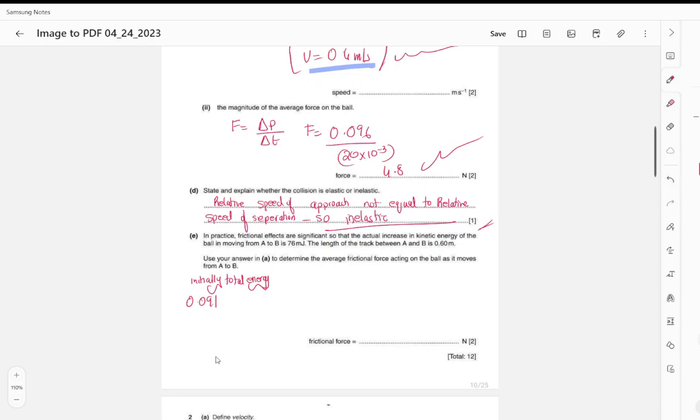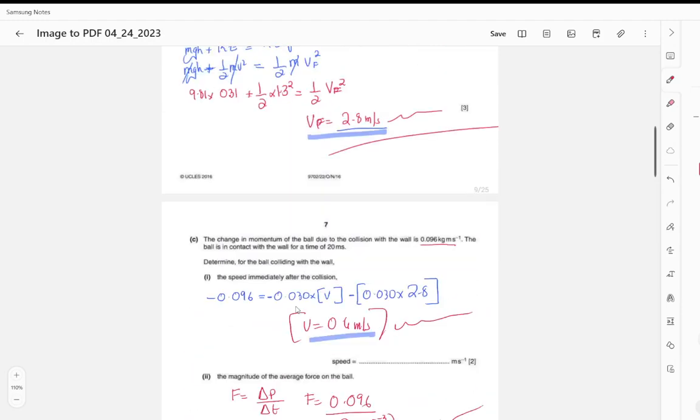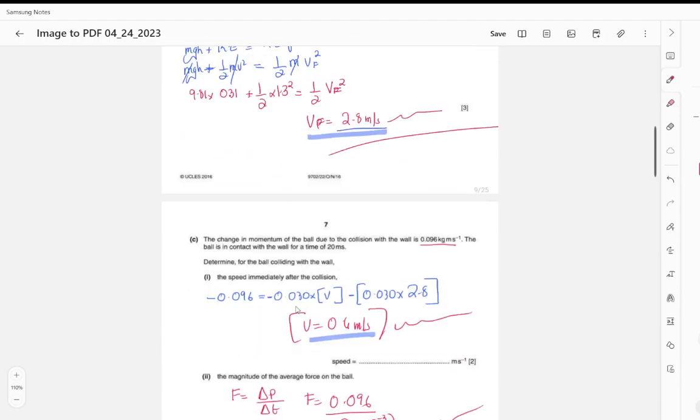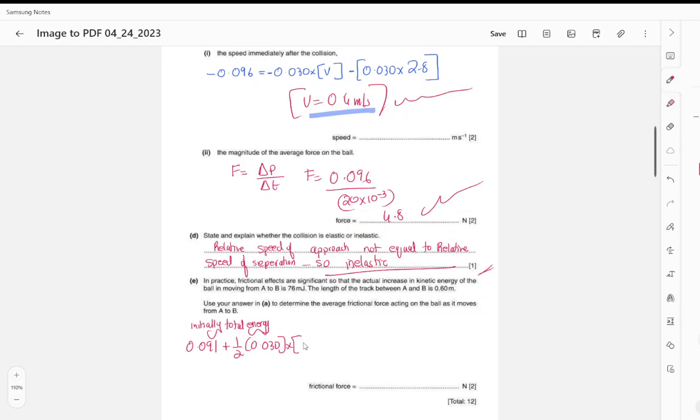That was the GPE plus half times the mass 0.030 multiplied by the initial speed, which was actually 1.3. So 1.3 whole square. Okay. So this is the total energy initially.